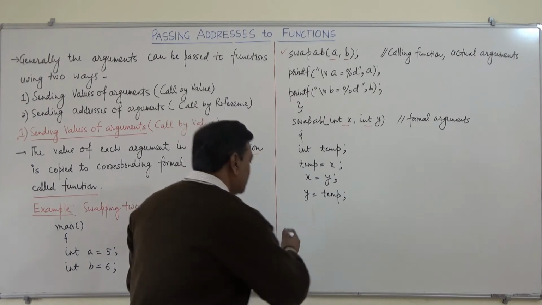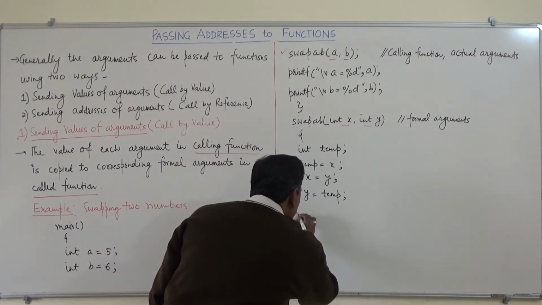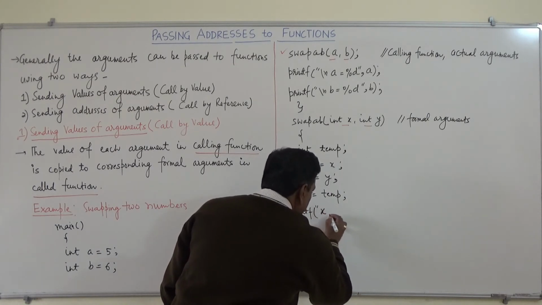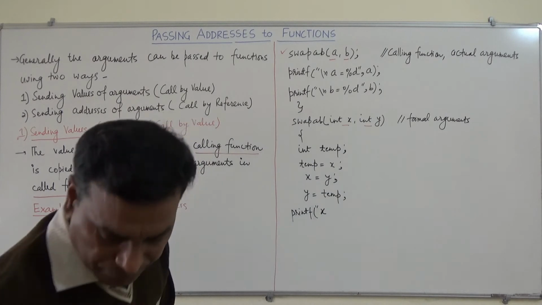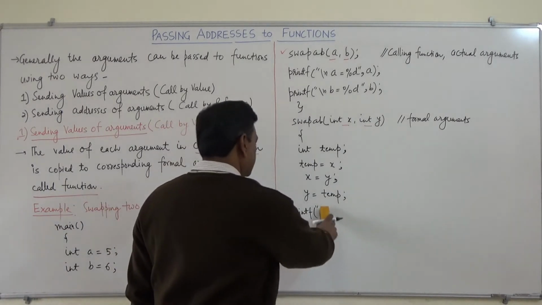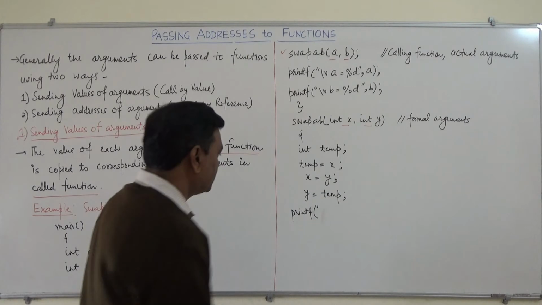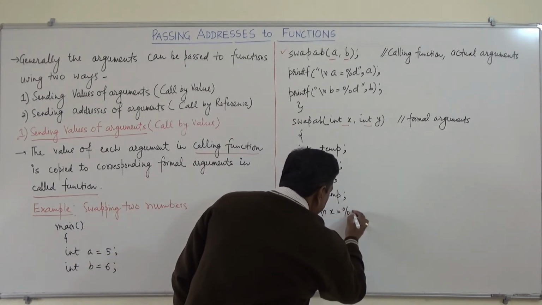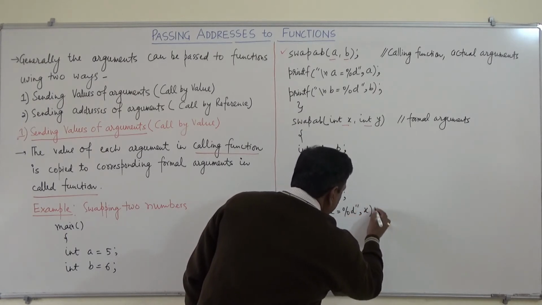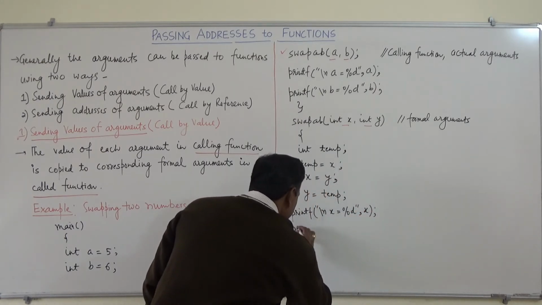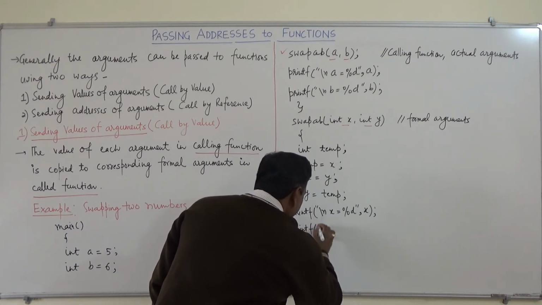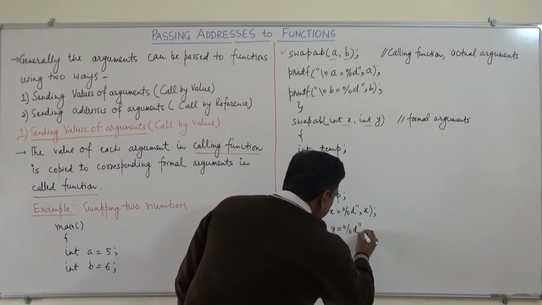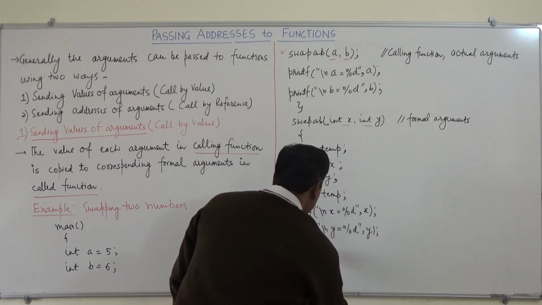Now here we will print the value of x and y. So we can take \n, x equals to %d, and this is x, and then printf \n, y equals to %d, and this is y.